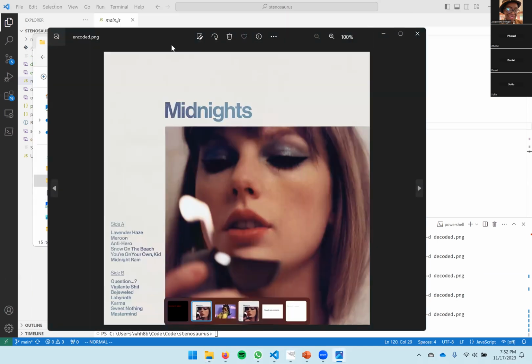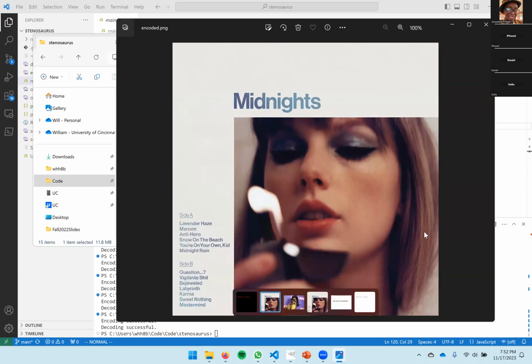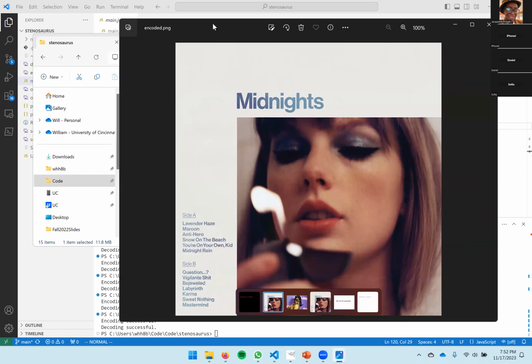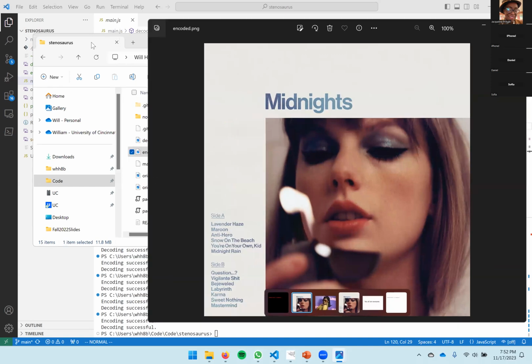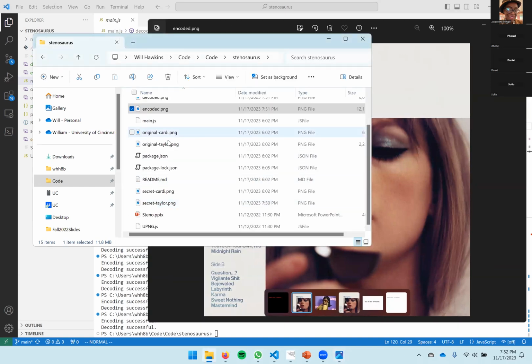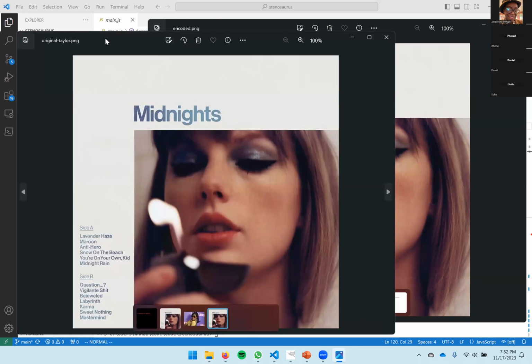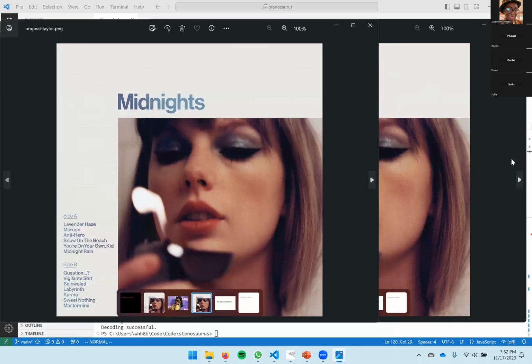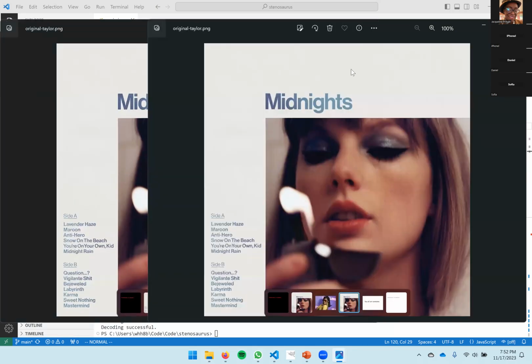And look at that. It's pretty cool because if you look closely, you can't see that there's another image hidden in there. That doesn't look any different, at least to my eyes, than the original Taylor Swift image, right?